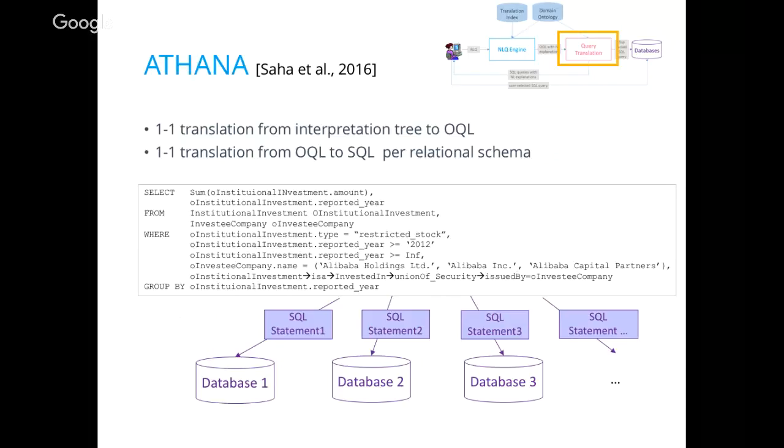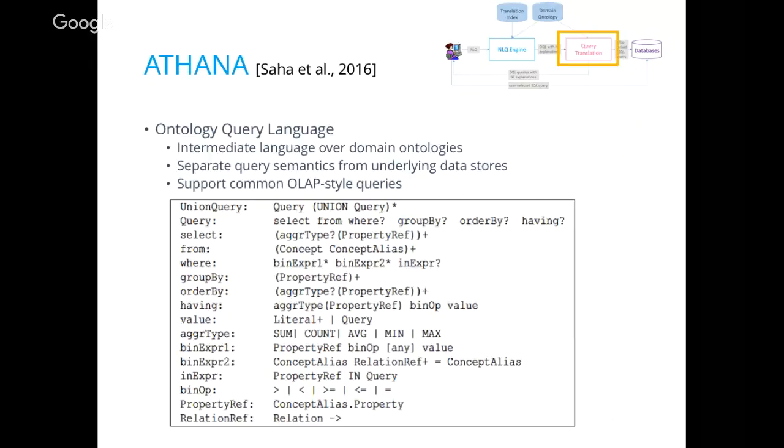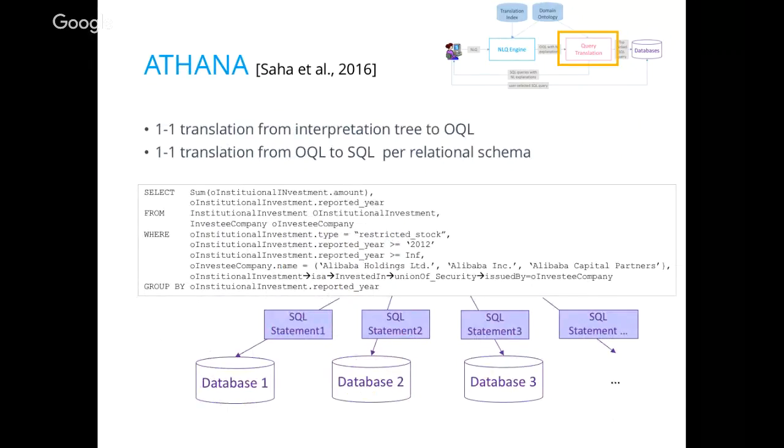The same thing here. Remember, we looked at the two different join paths, right? One is the investee and investee company, and the other is the investee security and issued-by relationship. Right now, this system just unions both together and returns everything.